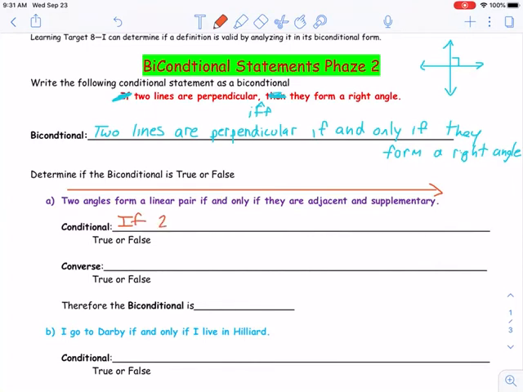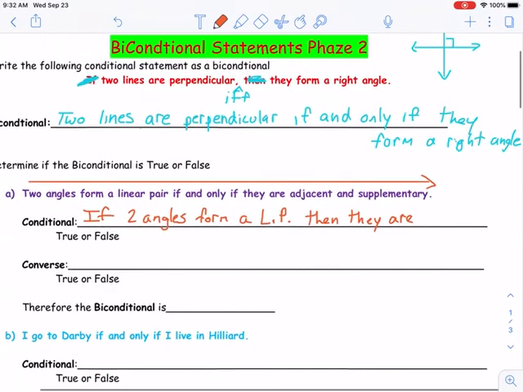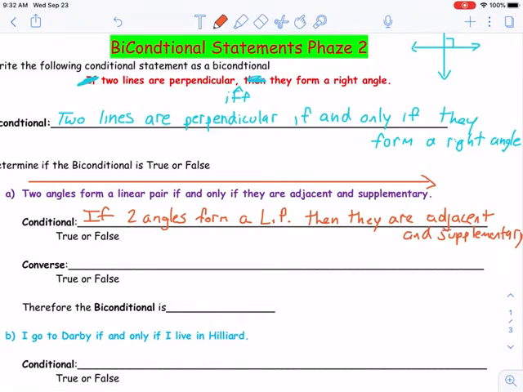If two angles form a linear pair, LP, then they are adjacent and supplementary. Kind of keep running out of room, silly me. All right, and that's a true statement right there.